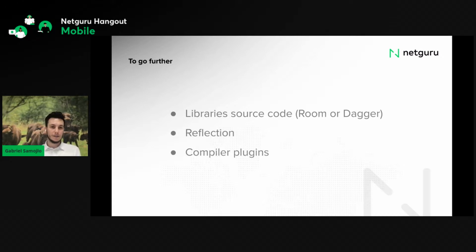And last but not least, and it's like another level of generating code and operating on existing sources, is compiler plugins. Who knows? Maybe you will be the creator of the next Lombok plugin that will be able to modify existing files or create something extremely powerful with that.